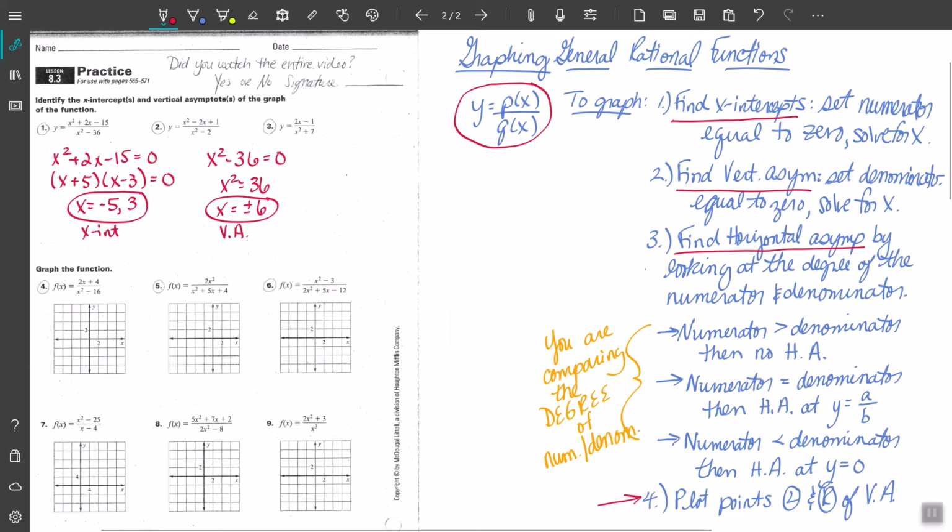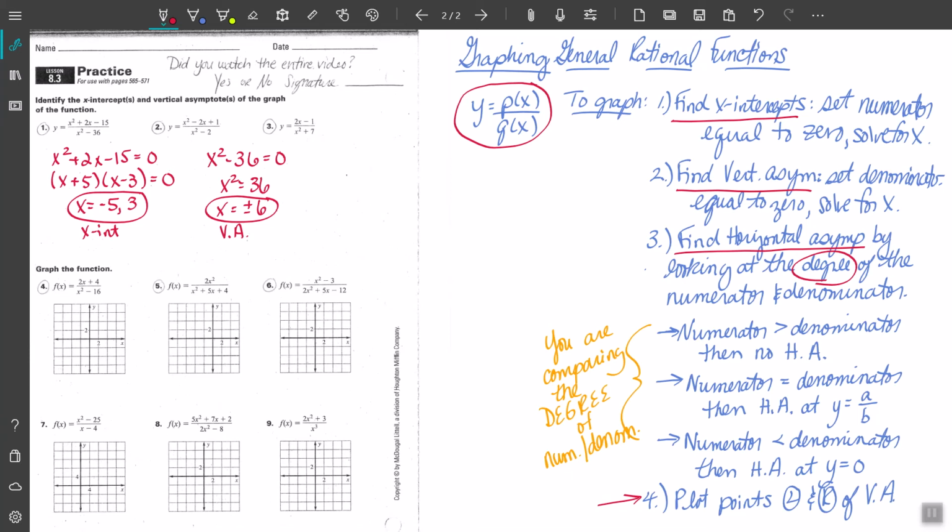The last thing we have to do is find the horizontal asymptotes. This one doesn't require as much work, but you have to keep all the different possibilities straight. The way we find where the horizontal asymptotes are is by looking at the degree of the numerator and the denominator and comparing them.